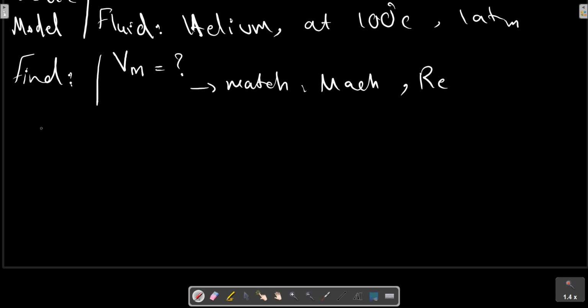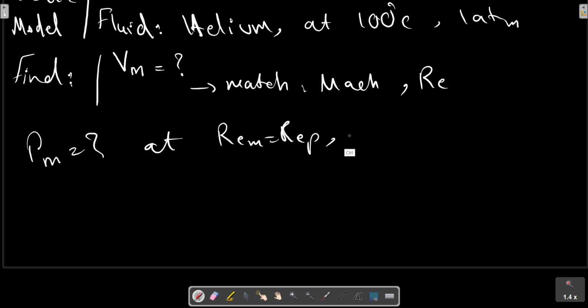And the pressure of the helium model and prototype, Mach and Reynolds numbers.